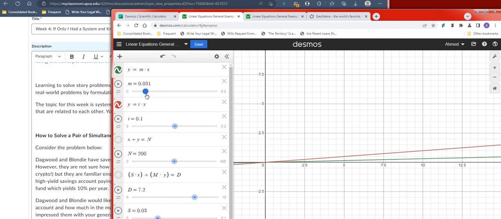Come on, I can do this. We'll just do this, right? A whole lot easier than me trying to manipulate the mouse pointer. Okay, so you can see the slope of the green line is pretty low as compared to the red line, which represents the mutual fund investment, which has an interest rate return of 10% or 0.1.